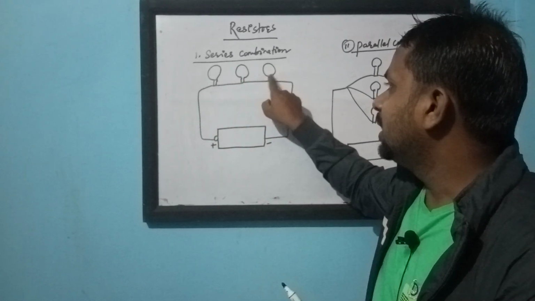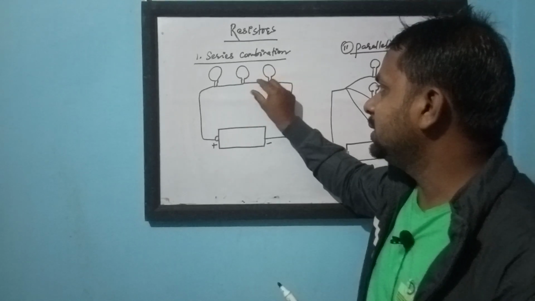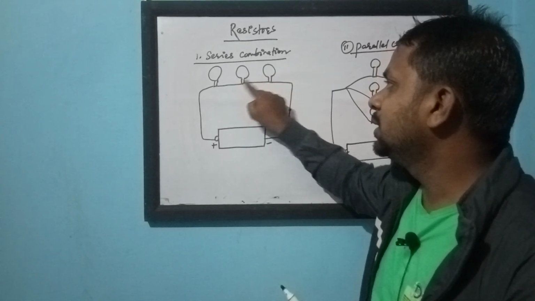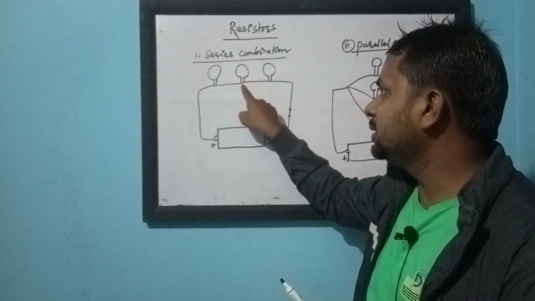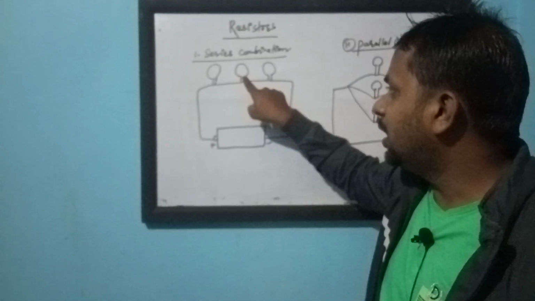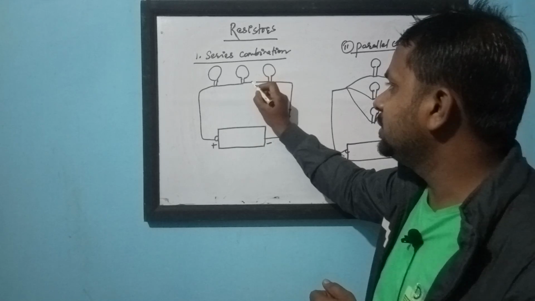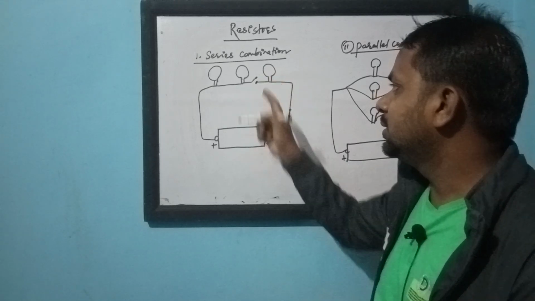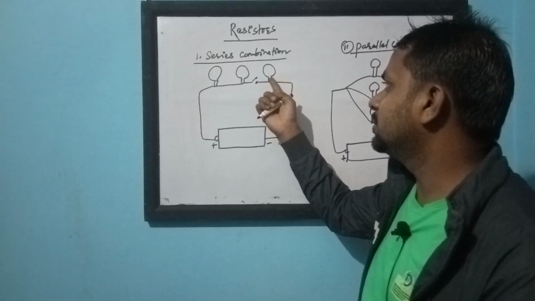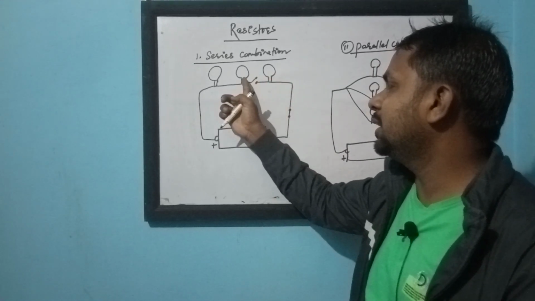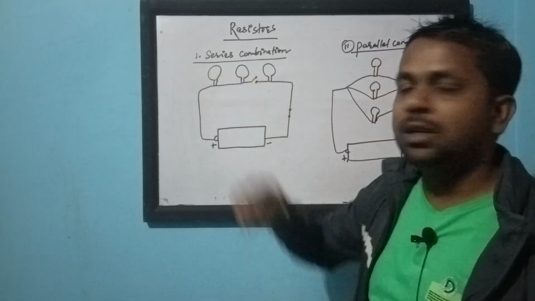If we switch off this bulb, the circuit will be disconnected, the circuit is open, and the current cannot complete the circuit. All the bulbs will be off.